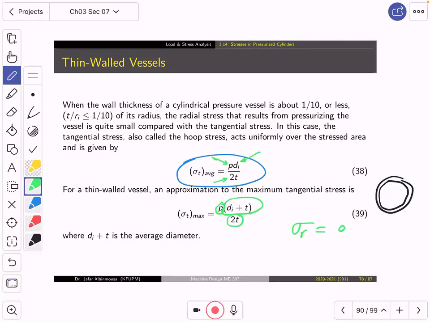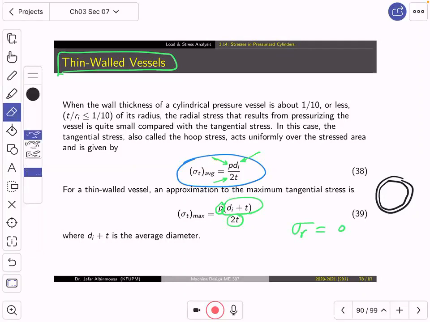If it is a thin-walled pressure vessel, the question is how do we know if it is thin or thick? Well, it is given to you right here, and you should make a very clear note of this comment. Look at it. Don't forget it.